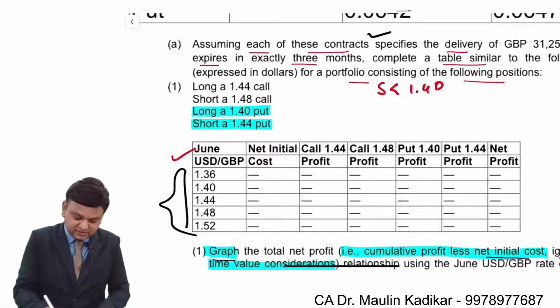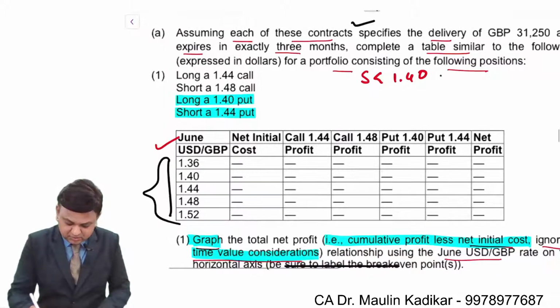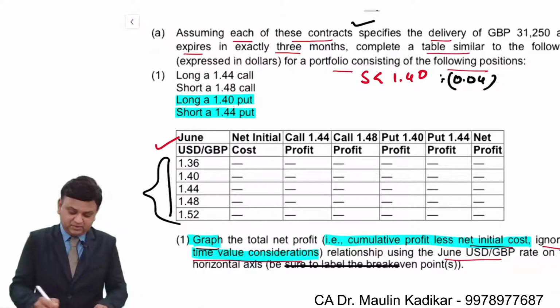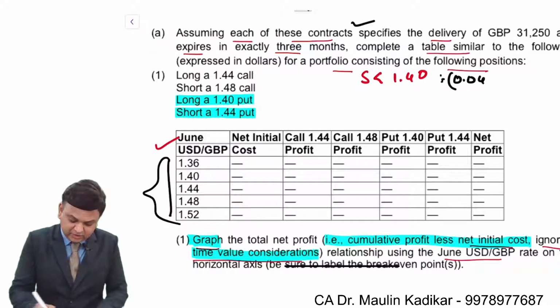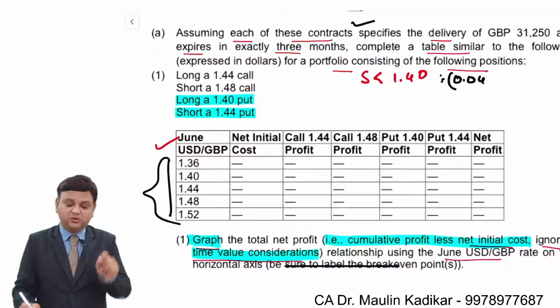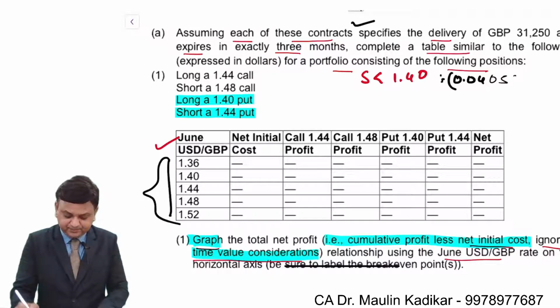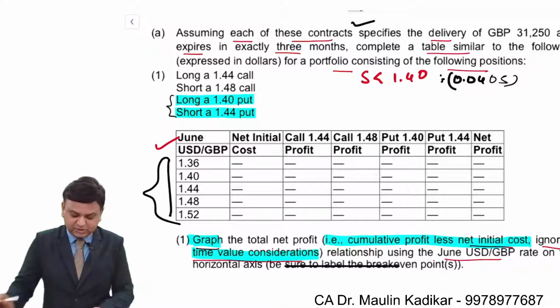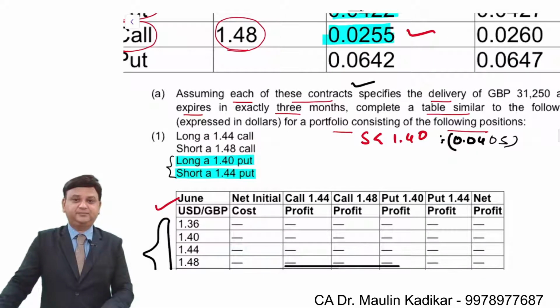The difference is 0.04. That is the negative payoff that we have, plus the premium that we have paid, 0.0005. So the total amount of the loss that we have is 0.0405, for any spot exchange rate which is below 1.40.